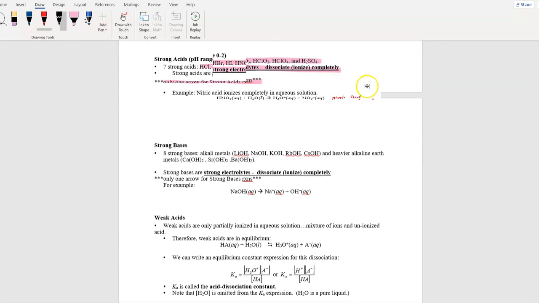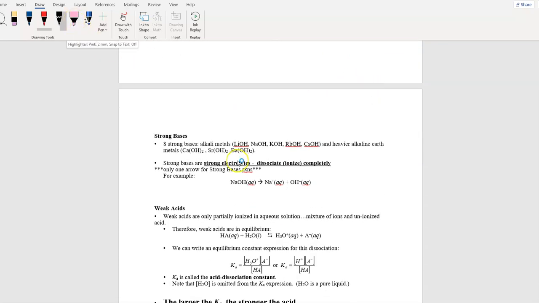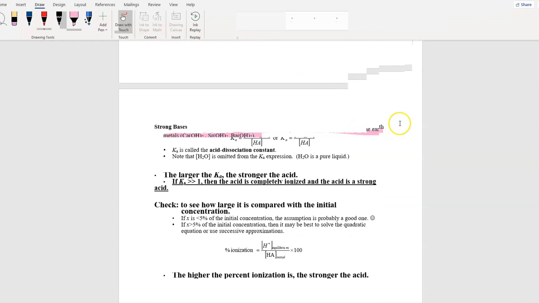Same thing with strong bases. We do have 8 strong bases out there in the world. Group 1 definitely, and the heavier ones from group 2, so the heavier metals, definitely completely dissociate, one arrow, and so forth. Okay, but it's when we got to the weak acids and bases that we needed to add water into it.